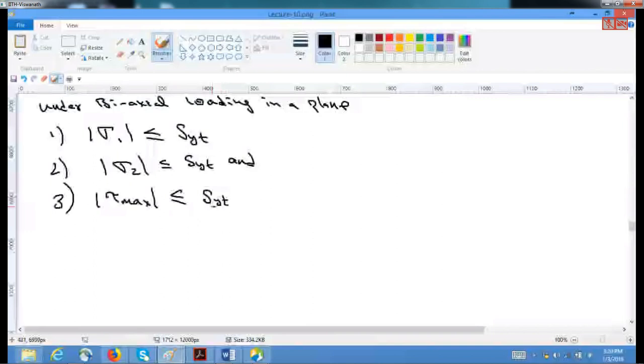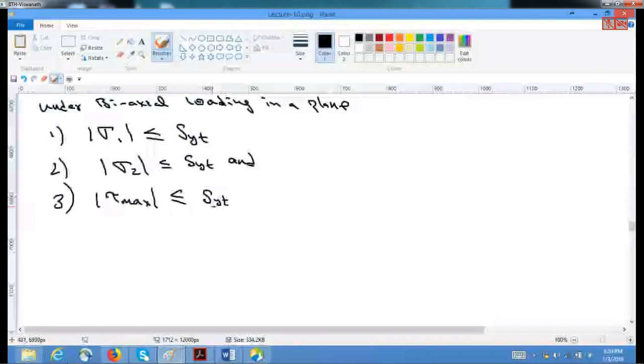So this yield locus or failure locus is your yield or fail locus. Inside this region, because it is elastic, it is not a failure, and if it is on this yield locus, then it represents the failure.